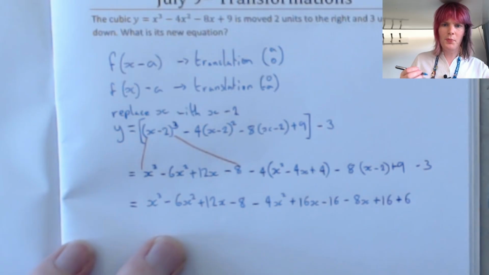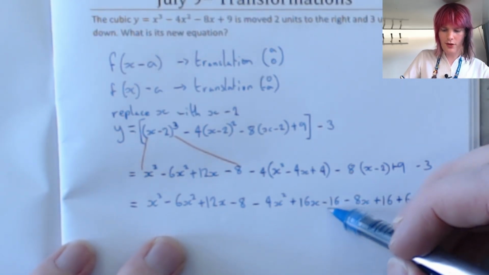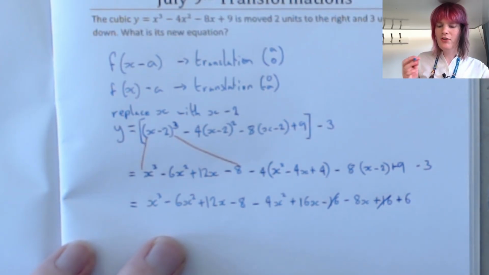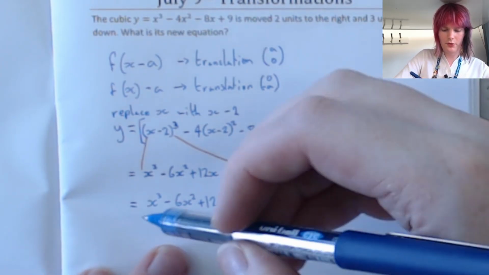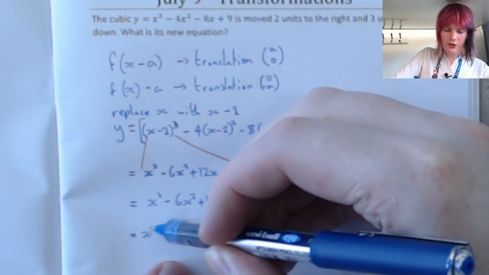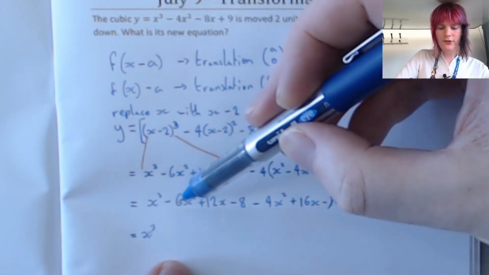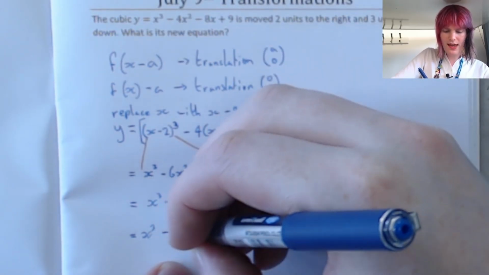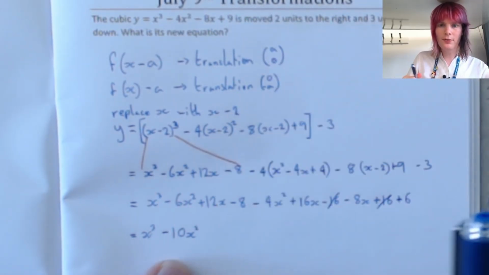Now we can go through, we can spot a little bit of cancellation. So these 16s are going to cancel out. And we're just going to start collecting some like terms. So we've got our x cubeds. We've got minus 6x squared minus 4x squared, which is going to become minus 10x squared.